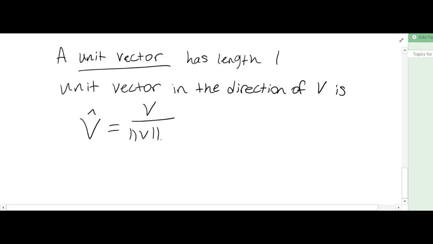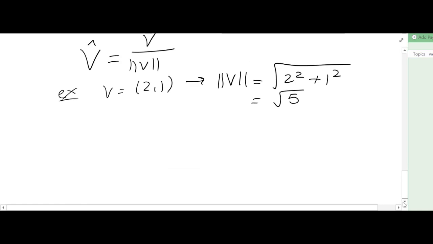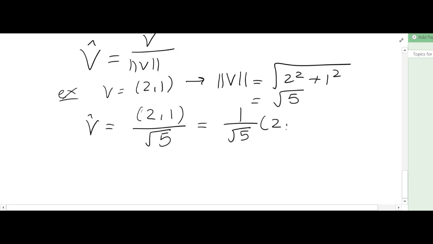So you divide by its magnitude and it makes it length 1. So for example, if v is the vector 2, 1, the magnitude of v is the square root of 2 squared plus 1 squared, which is the square root of 5. So the unit vector in the direction of v is 2, 1 divided by root 5, which is 1 over root 5 times 2, 1, which is 2 over root 5, 1 over root 5.